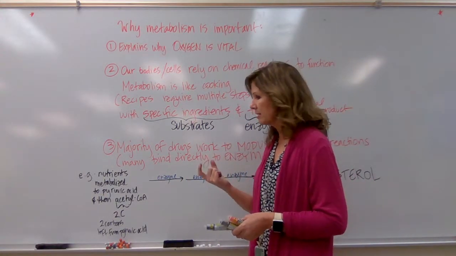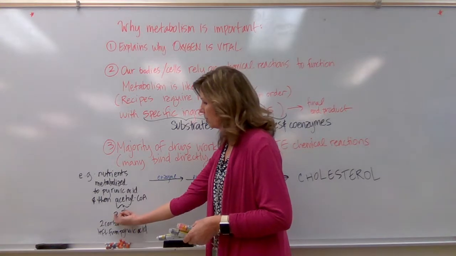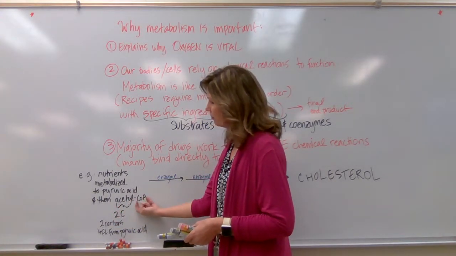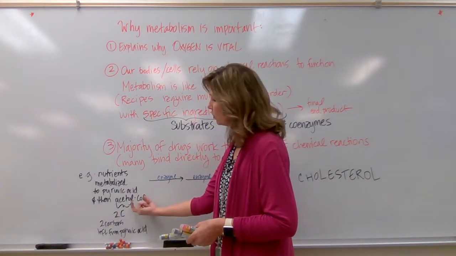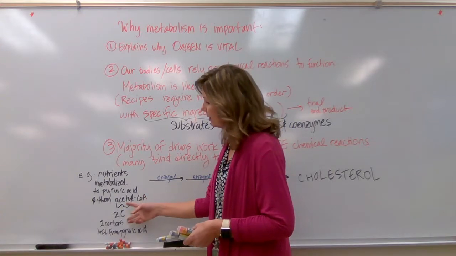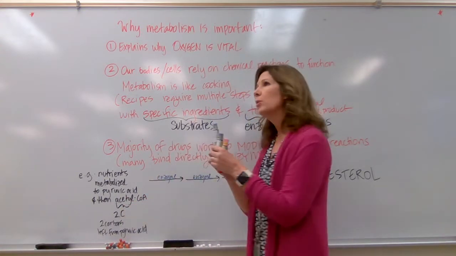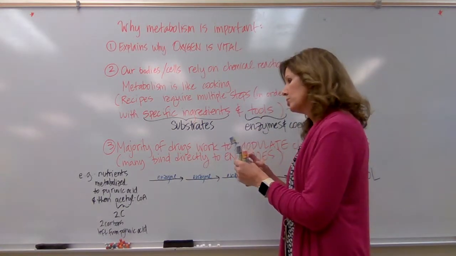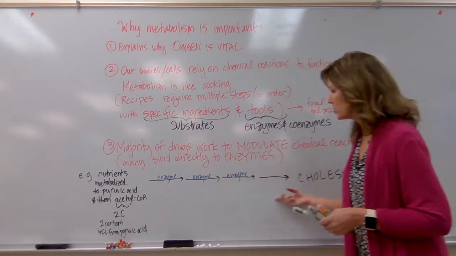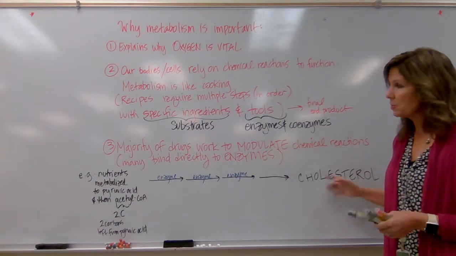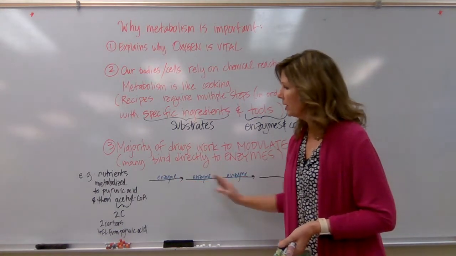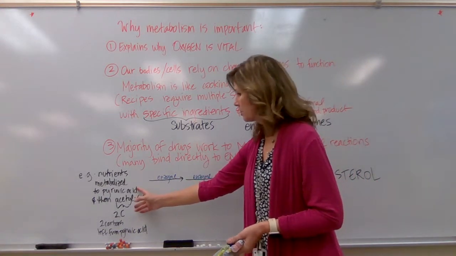That's that beta oxidation route. And these 2 carbon bits can be bound to coenzyme A, and those 2 carbons can then be put together to synthesize more lipid-like structures or fatty acids. Cholesterol would require multiple enzymes working with that initial substrate.